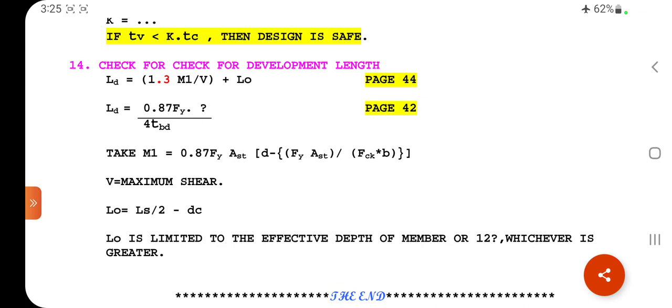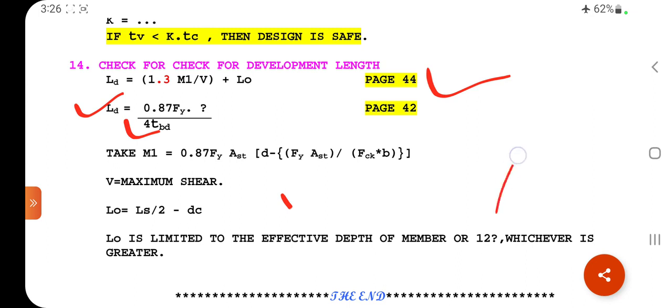Ld equals 1.3 M1 upon V plus L0, which is given on page number 42. Then Ld equals 0.87 fy divided by 4 times tau bd. Take M1 equals 0.87 fy Ast into bracket d minus fy Ast divided by fck into b. V equals the maximum shear. L0 equals Ls by 2 minus dc.